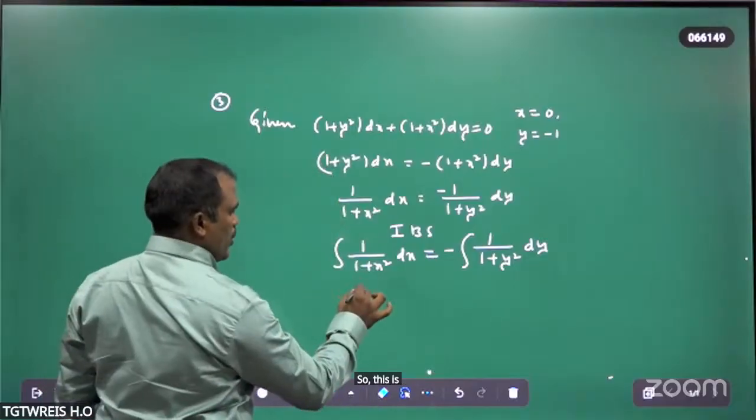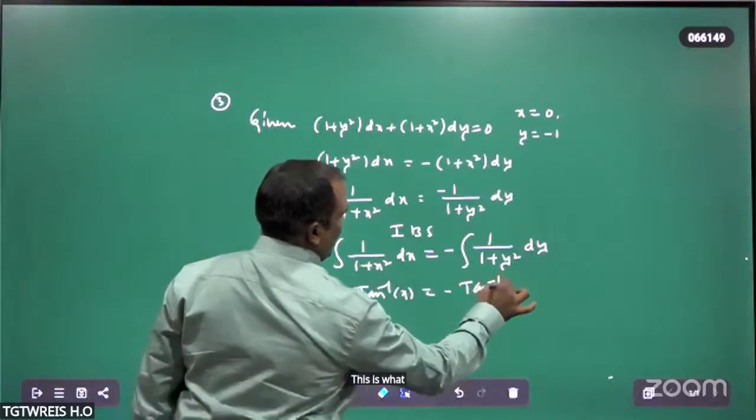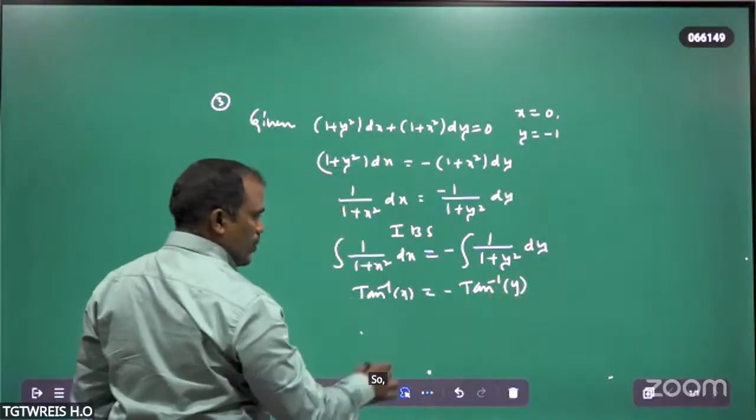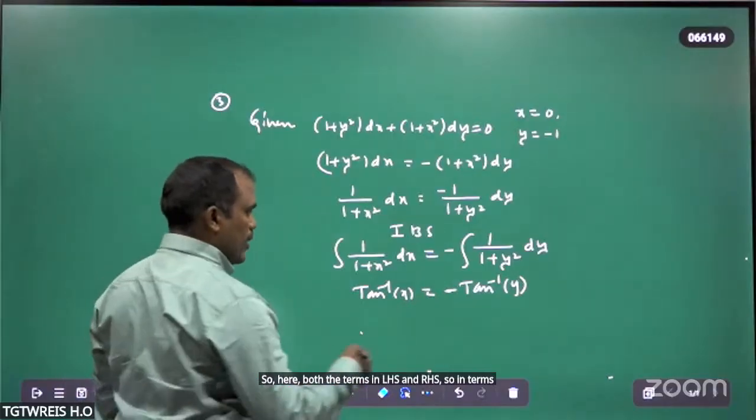So this is a standard formula, tan inverse of x. This is what, a tan inverse of y. So here both terms in LHS and RHS in terms of tan inverse is there.